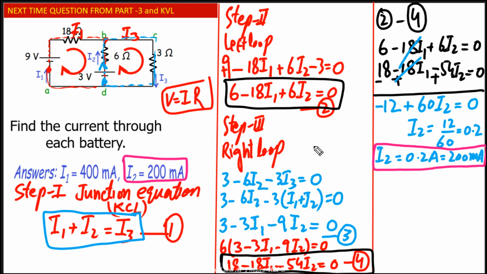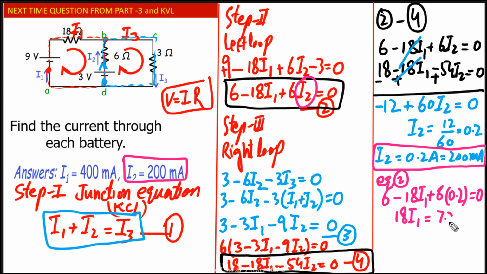Now we need to find the value of I1. As we have the value of I2, we can find the value of I1. So let's take equation number 2. We can write this is 6 minus 18I1 plus 6I2. So we can replace with the value of I2, and this has to be equal to 0. If we simplify this one, we will get 18I1 will be equal to 7.2.